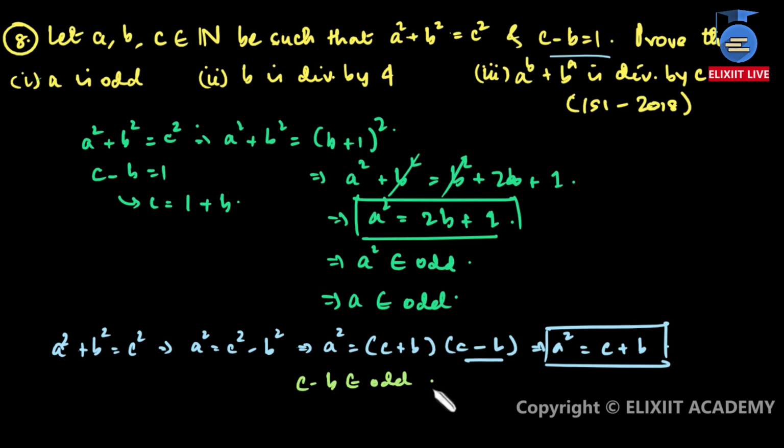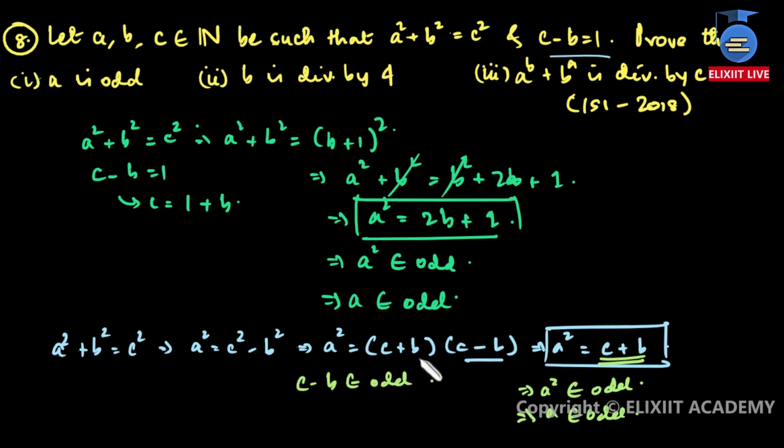This means a square, which is c plus b, is also odd. So a square is odd, which means a is also odd. Once again, repeat.